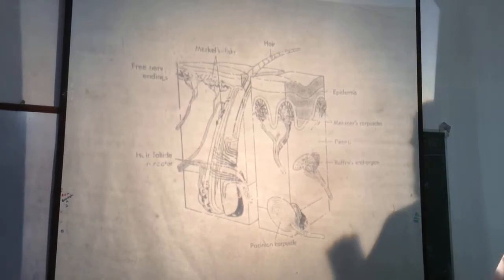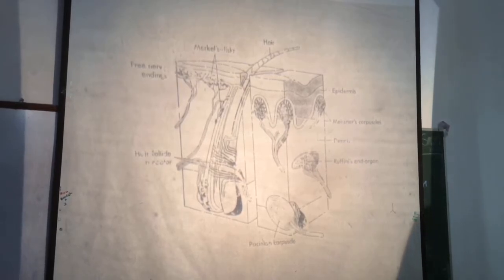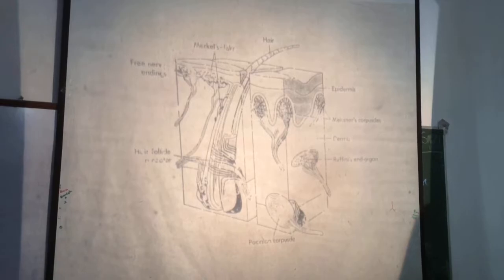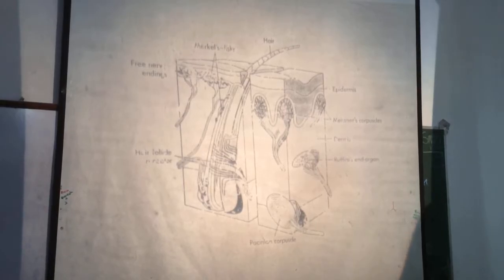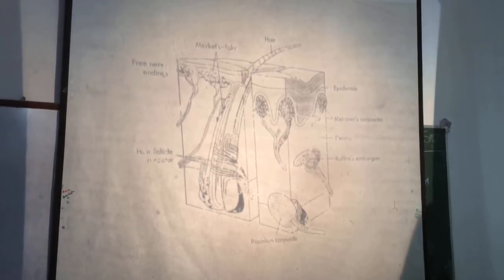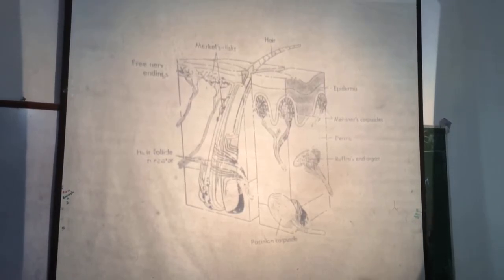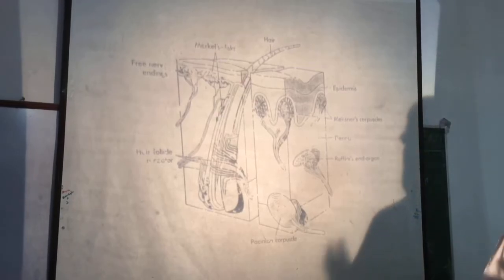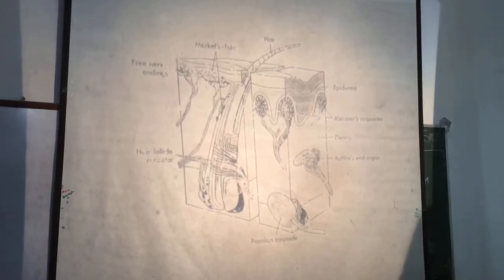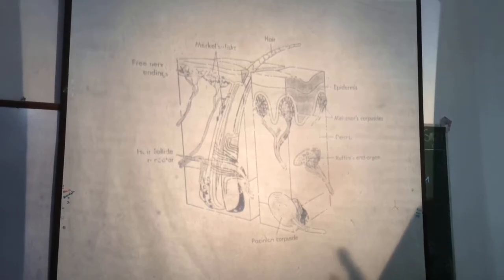The first type of classification is that we divide receptors into 4 types: exteroceptors, interoceptors, proprioceptors, and teloceptors, T-E-L-O. So exteroceptors, interoceptors, proprioceptors, and teloceptors.